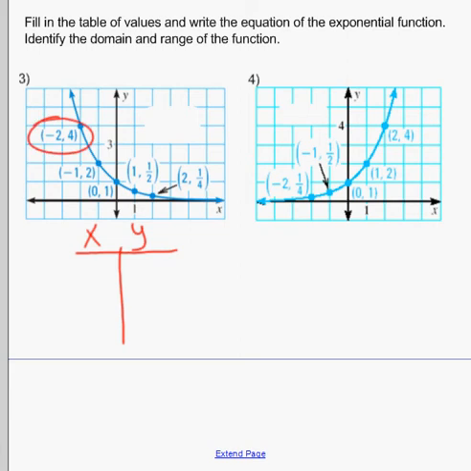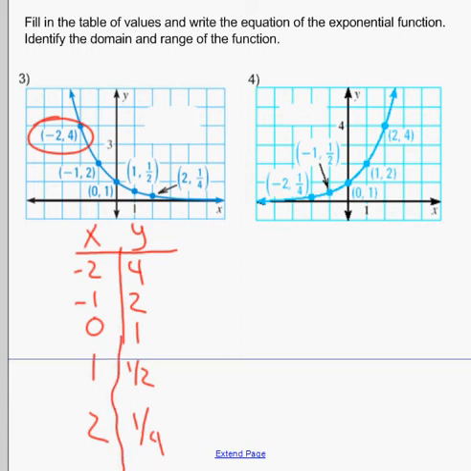Let's take a look at -2, 4. My X value is -2. My Y value is 4. The next ones are -1, 2; 0, 1; 1, 1/2; and then 2, 1/4.